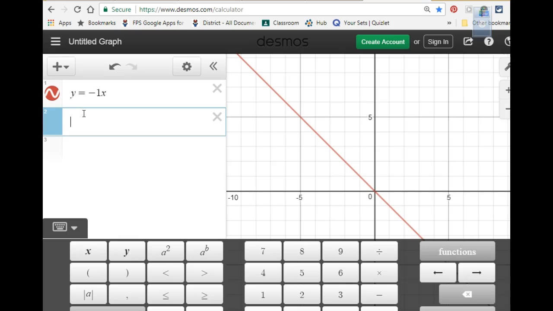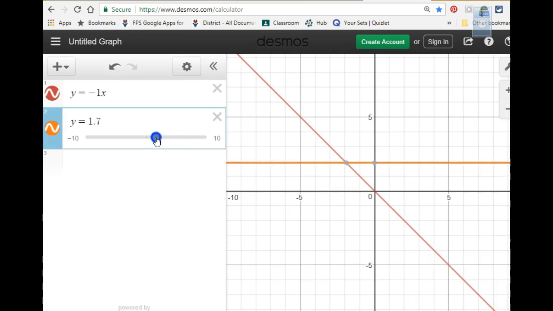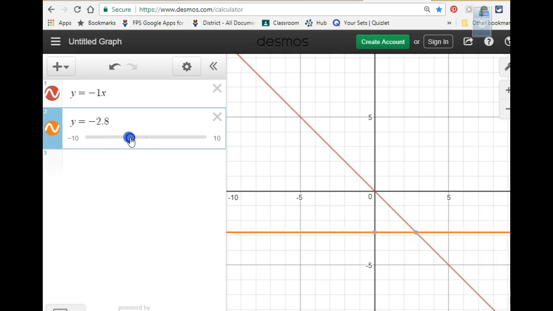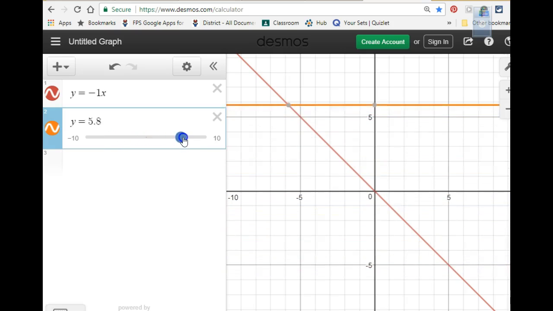Before you type in that next equation, I want you to notice when you put y equals and you put the 2, notice this slider. Does yours come up with this slider? So I can change that anytime I click on that to change that line.